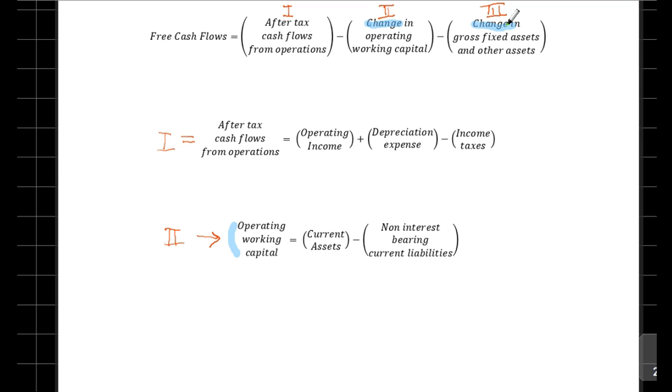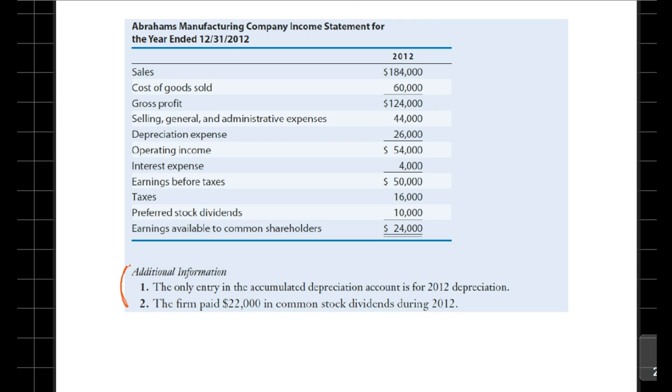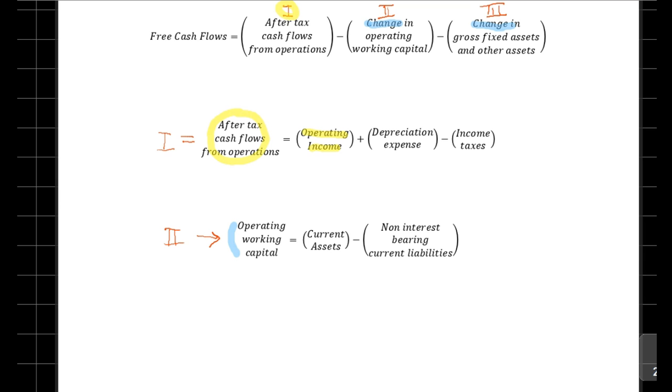Alright, so let's start with the first component of our formula, after-tax cash flows from operations. For that we will need operating income. Let's quickly go back to our income statement and figure out what operating income is, and it's provided as $54,000. Let's make a note of that here, $54,000. Then we need to add our depreciation expense.